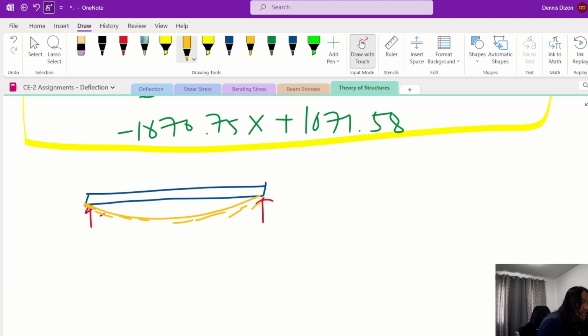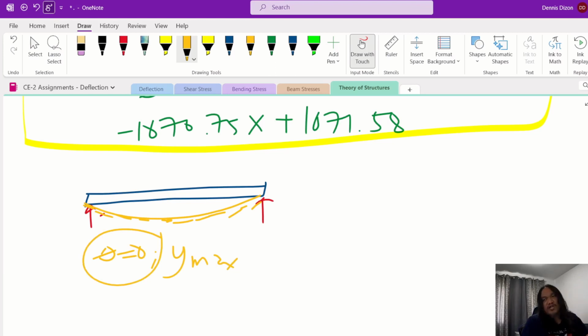At that change in slope, where your slope theta is 0 on your elastic curve, that corresponds to your maximum deflection. So your maximum deflection is located where your slope changes from going down to going up. Now we have to find the distance x where theta is 0.